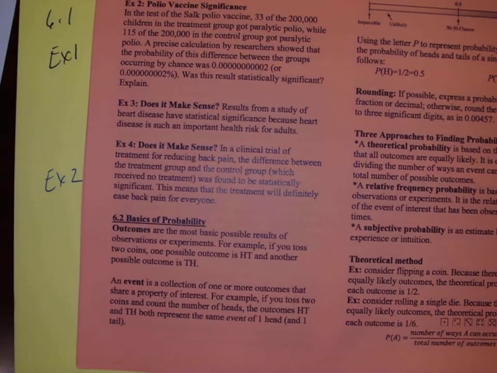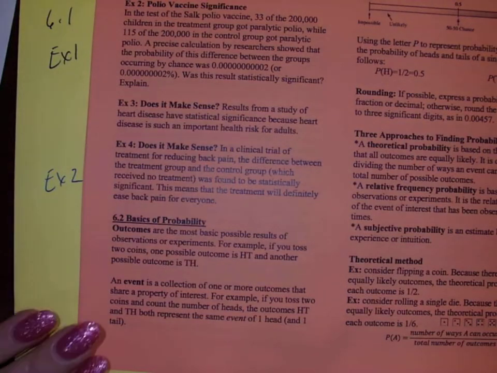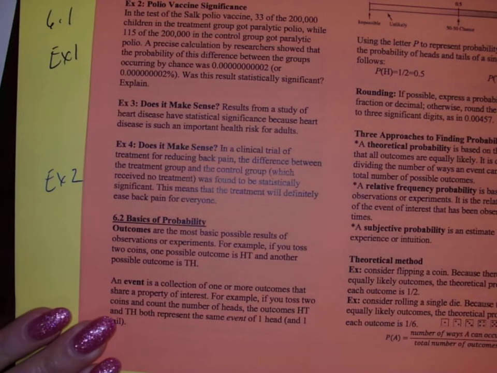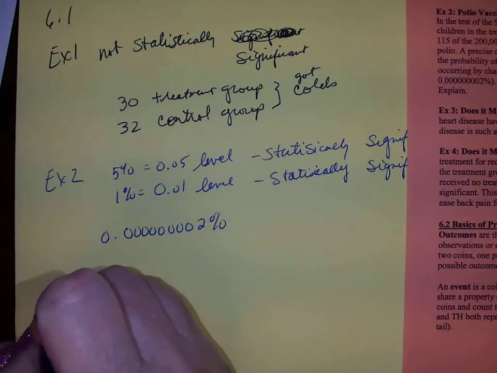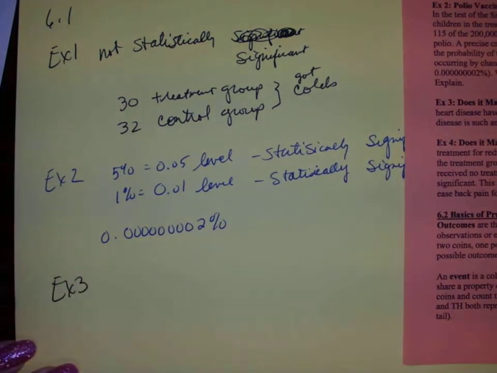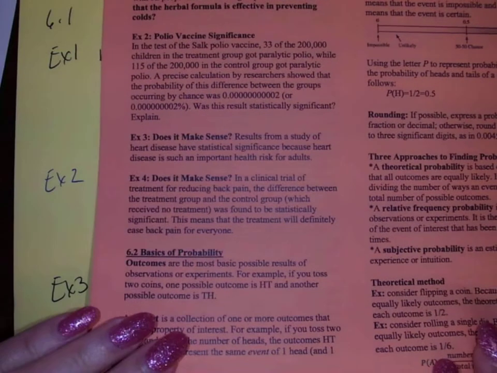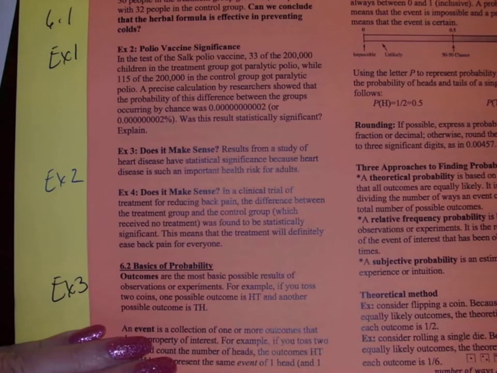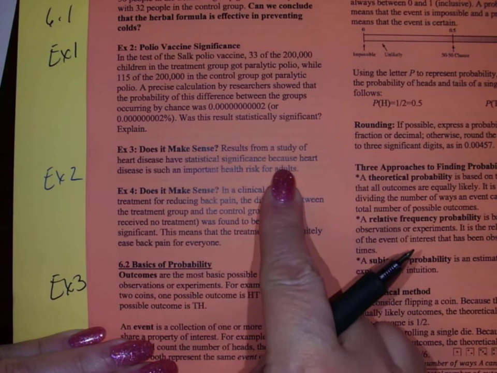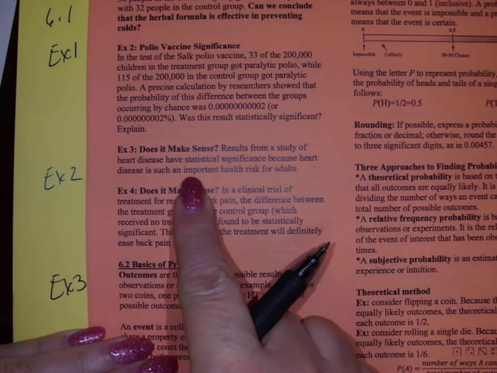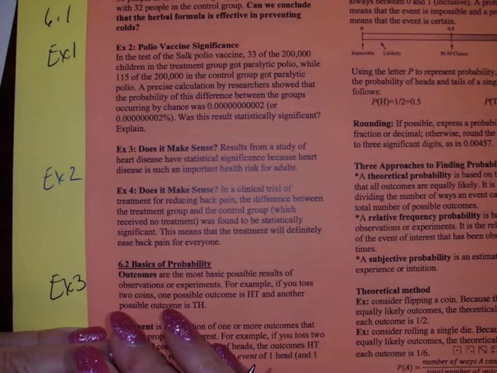Results from a study of heart disease have statistical significance because heart disease is such an important health risk for adults. All right, so example 3. We want to know, does that make sense? So let's read it again. Results from a study of heart disease have statistical significance because heart disease is such an important health risk for adults.